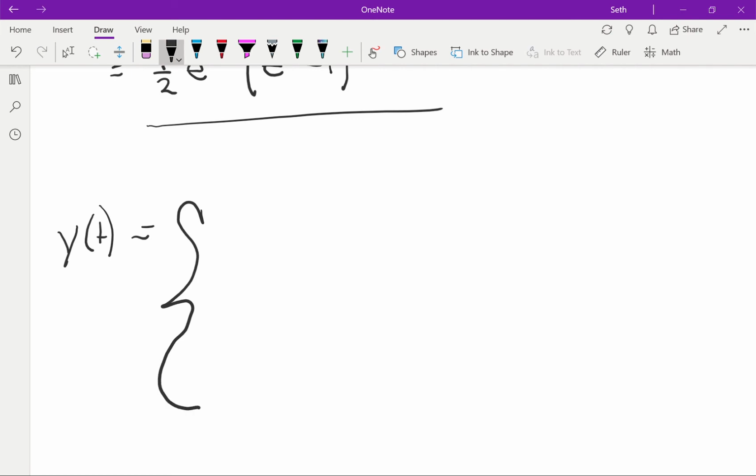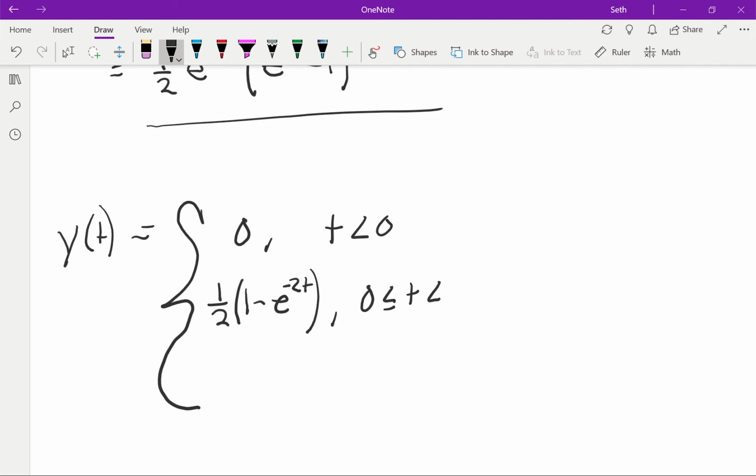And it's going to be equal to 0 for values of t less than 0, and it's going to be equal to 1/2 times (1 minus e to the minus 2t) for values of t greater than or equal to 0 and less than 2, and it will be equal to 1/2 e to the minus 2t times (e to the 4th minus 1) for values of t greater than, excuse me, 2.